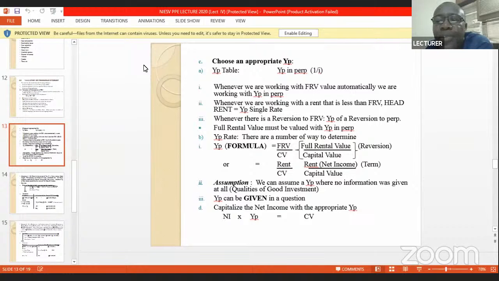But whenever you are valuing a rent that is less than full rental value, remember, any rent that is less than full rental value, you use YP single rate.